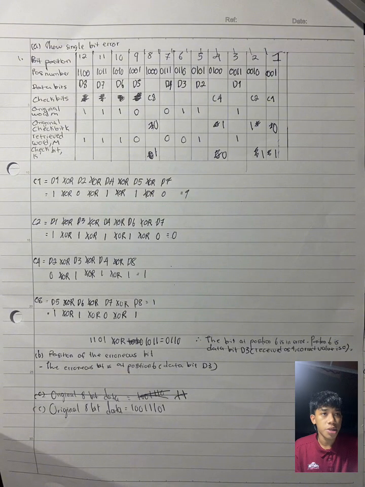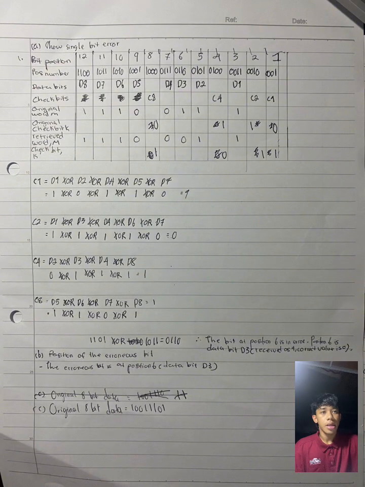C4 covers position 4, 5, 6, 7 and 12, XOR result is 1, so C4 fails. Check C8 covers position 8, 9, 10, 11 and 12, and the XOR result is 1, so C8 fails.